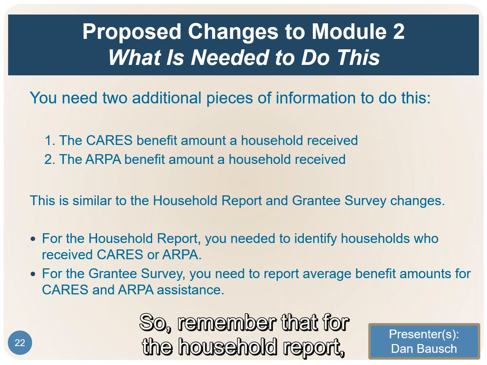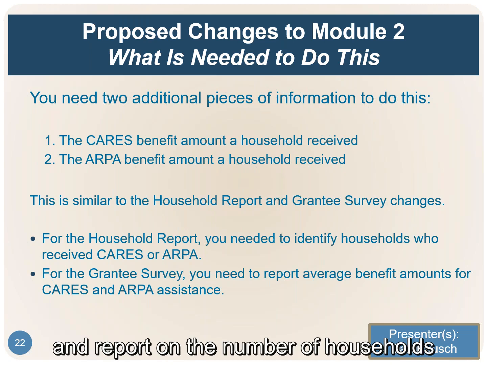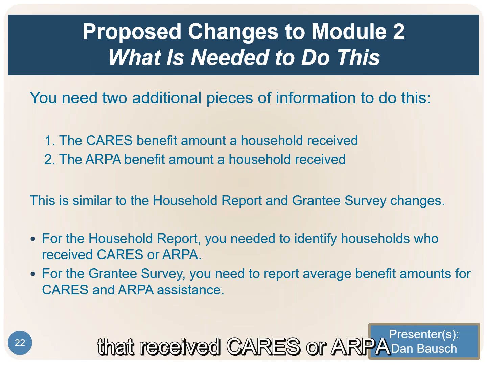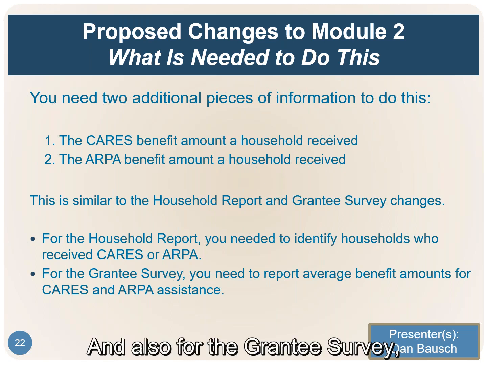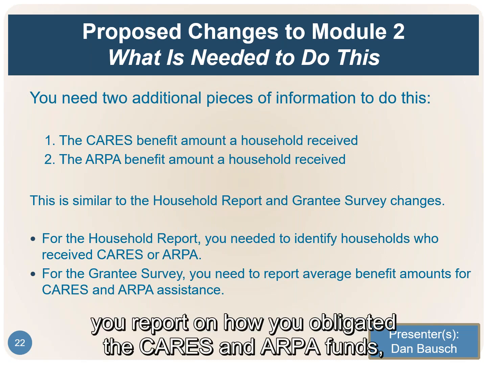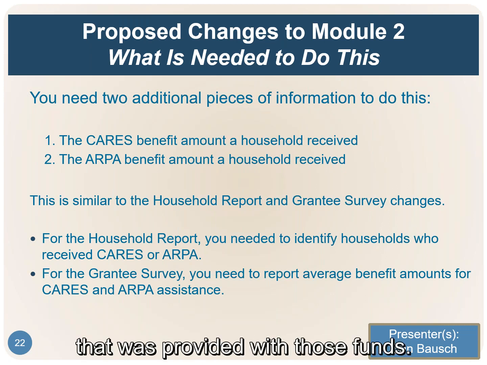So remember that for the household report, you needed to be able to identify and report on the number of households that received CARES or ARPA for each assistance type in that report. And also for the grantee survey, you report on how you obligated the CARES and ARPA funds, but you also report on the average benefit amount that was provided with those funds.